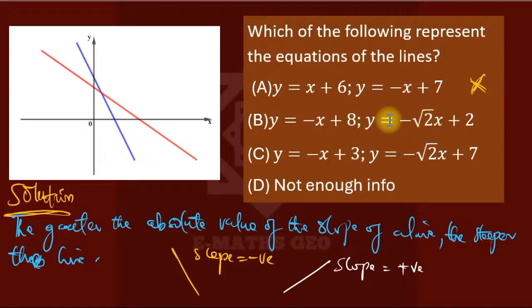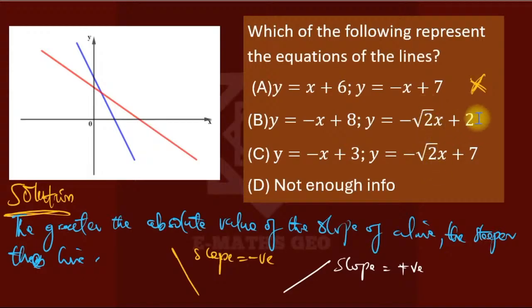We take y equals this for B and y equals this one for C. This is the blue line, because it is the steeper line. Both lines have positive y-intercepts, but blue is greater.